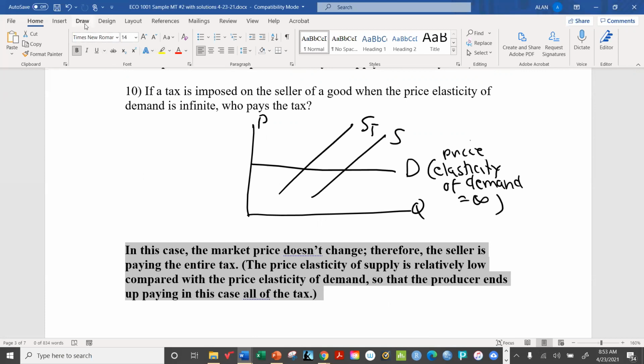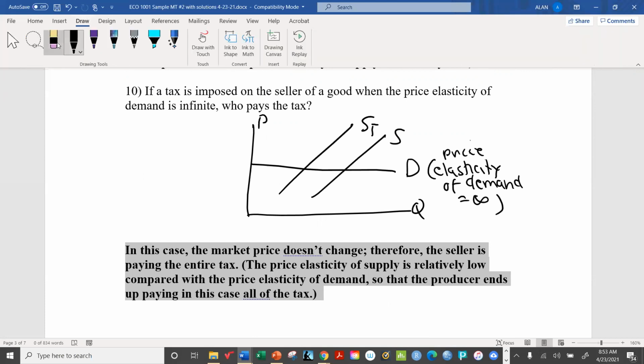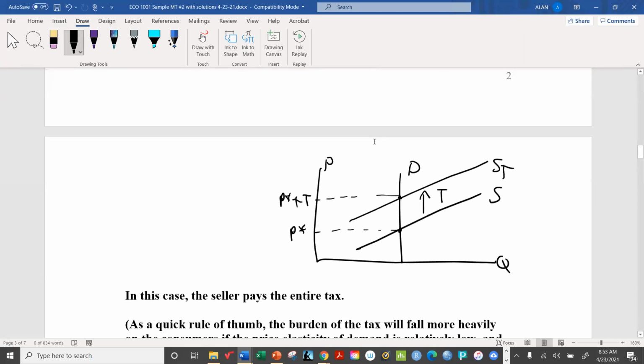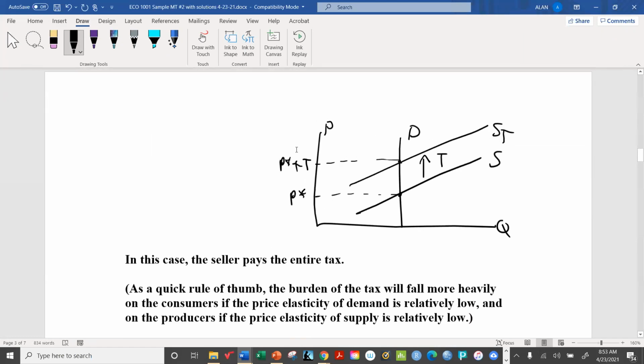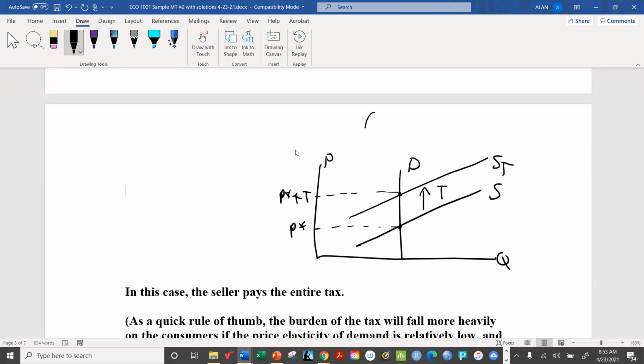That's true for the supply curve too, by the way. So in other words, any flat curve means the elasticity is infinite. Any vertical curve means that the opposite is zero.